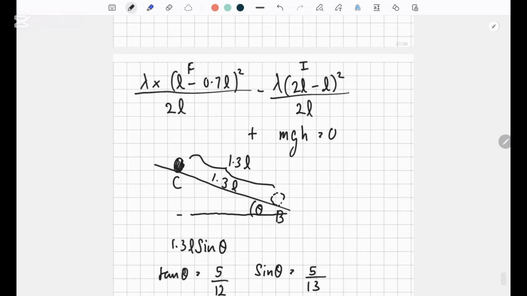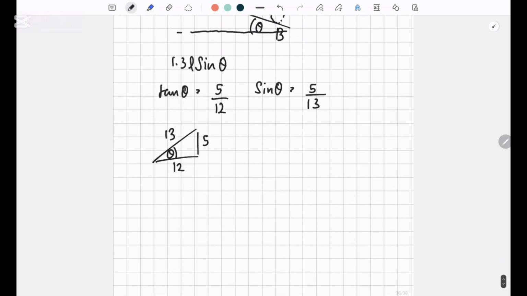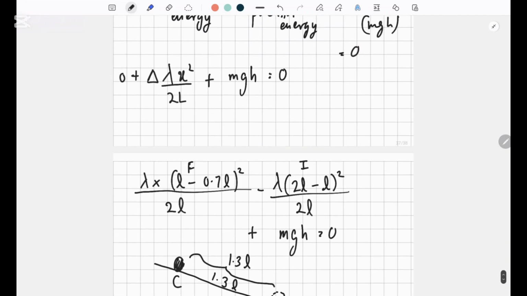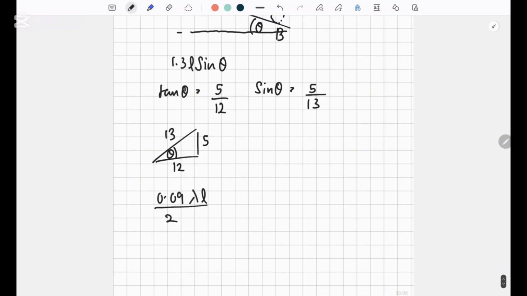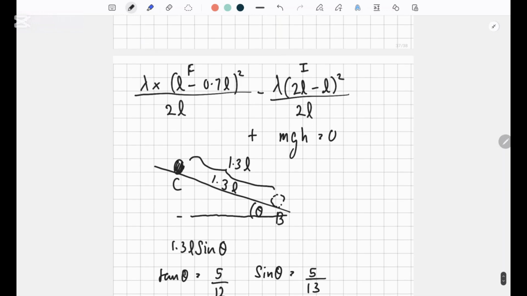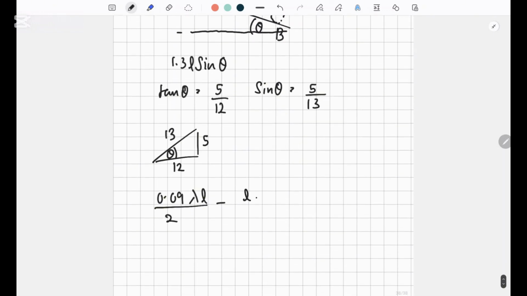So let me just simplify the elastic potential energy. 1 minus 0.7 squared is 0.09, times lambda, over 2, minus lambda over 2, plus mg times 1.3L times 5 over 13 equals 0.